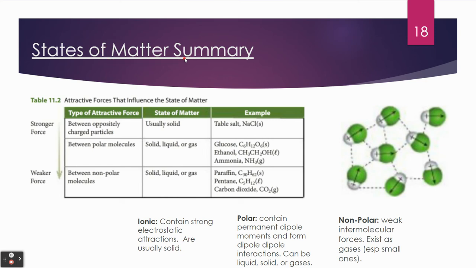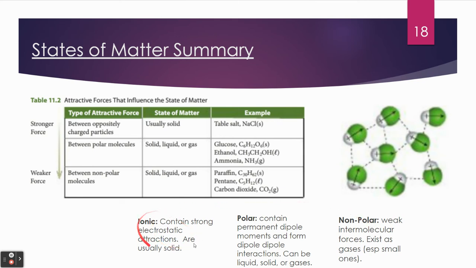So this table here is a great table that connects the particle theory of matter to different substances and different compounds. You'll notice that we have ionic compounds, polar molecular compounds or polar covalent compounds, and non-polar compounds as well.